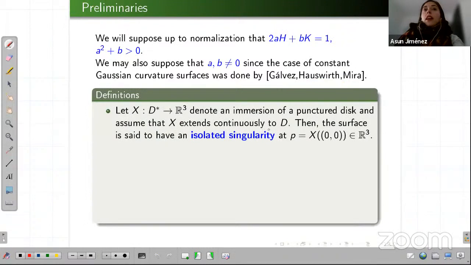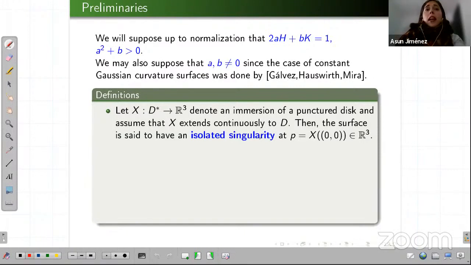Some definitions. What do I mean when I say that a surface has an isolated singularity? In some sense, we would say that an immersion of a punctured disk in R3 has an isolated singularity, and we are assuming here that this immersion extends continuously to the puncture.